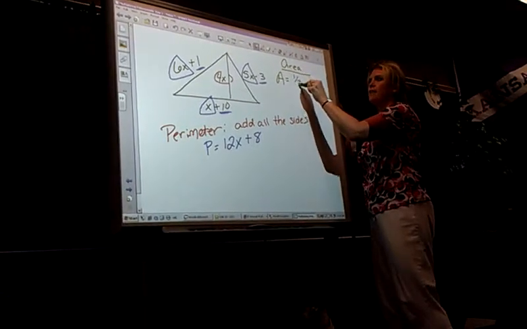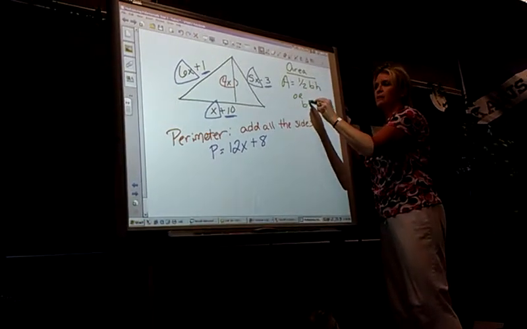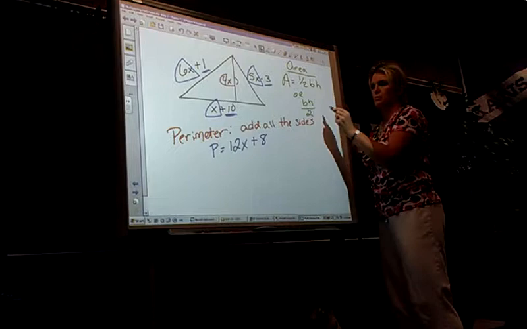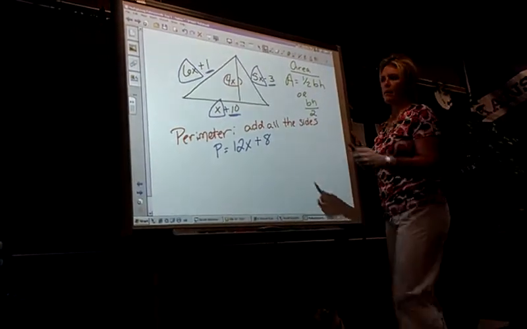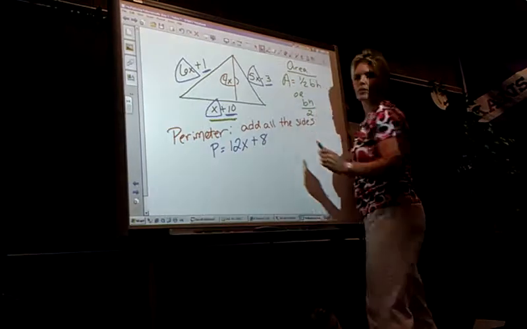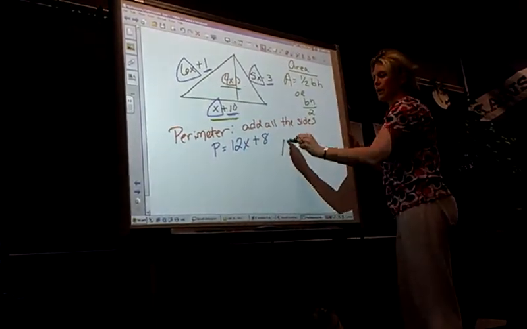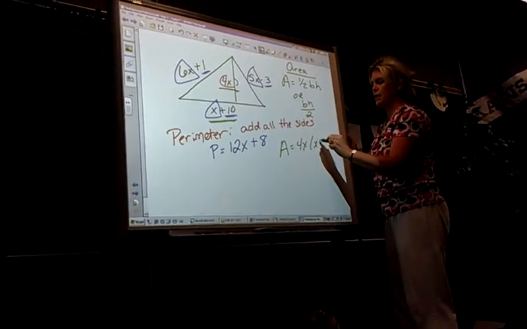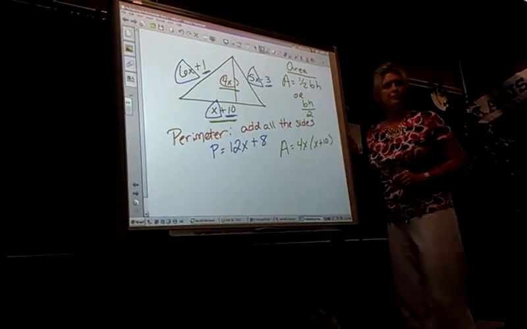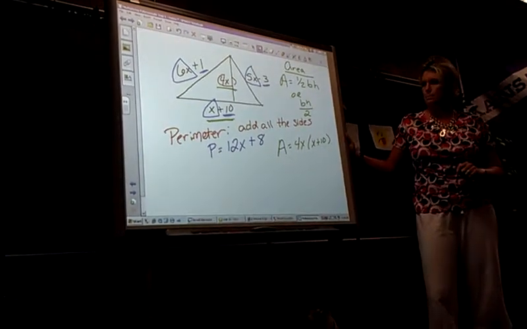One is 1/2 base times height, or base times height divided by 2. You can do it either way. My base is this right here. My height is the 4x. So my area is 4x times x plus 10. That's my area. I've got to now multiply it.